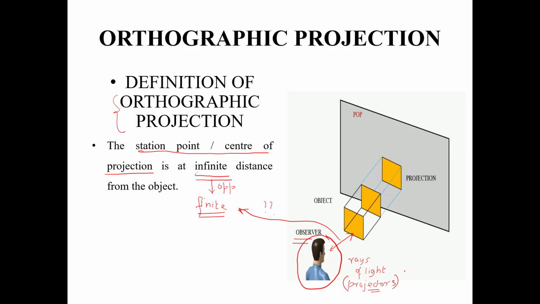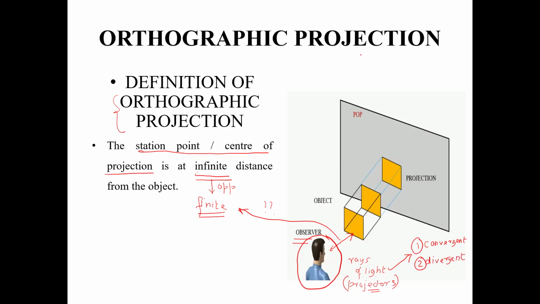So when the observer is viewing the object from a finite distance, then these projectors or rays of light originating from the eyes of the observer can be either convergent in nature or they can be divergent in nature. These are the only two possible options.